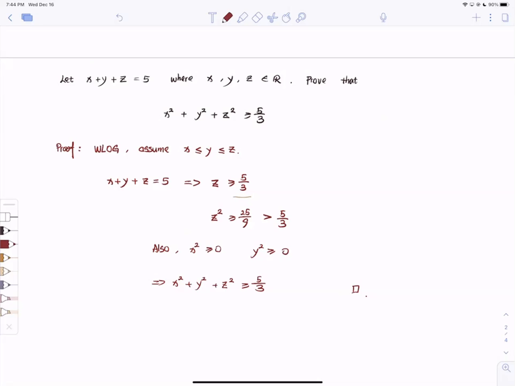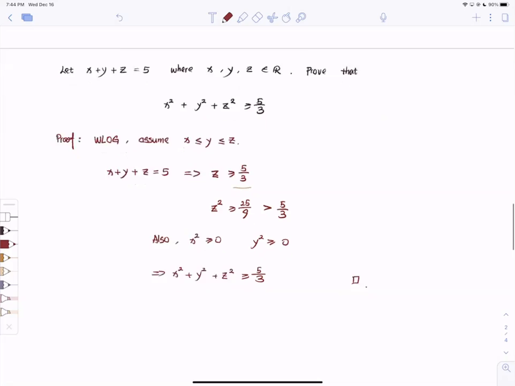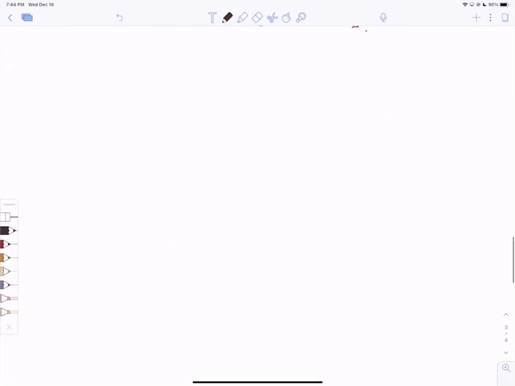Okay, so after this question, let me go back. I think after this one is a GCD one. Yeah, GCD. The GCD one is: find integers x, y such that 21x plus 13y equals 1.